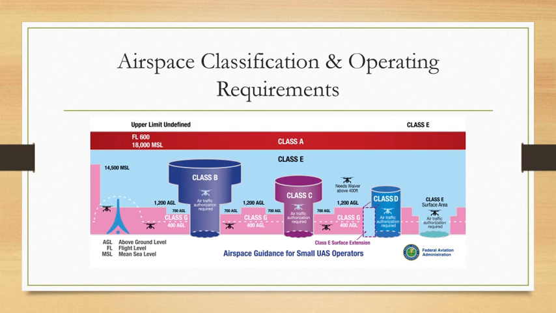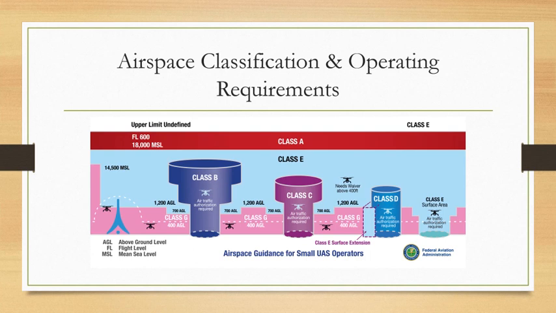Now, we do also need to know about the non-regulatory airspace. What the FAA considers non-regulatory airspace includes the following: prohibited, restricted, warning, military operation alert areas, and controlled firing areas, where the FAA is not going to enforce controlled airspace.